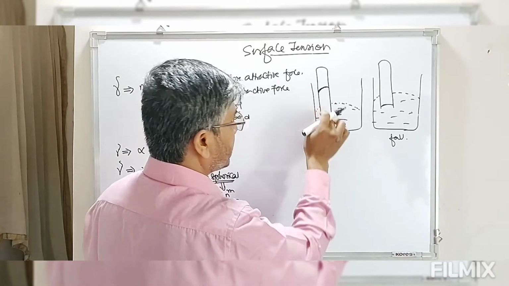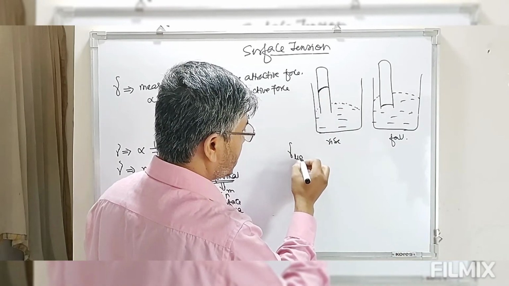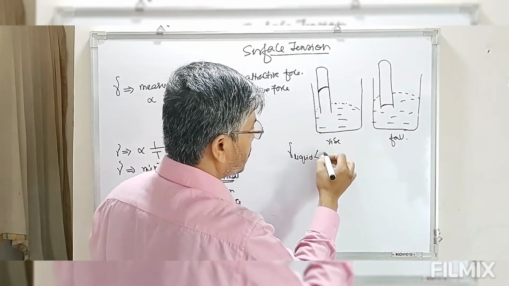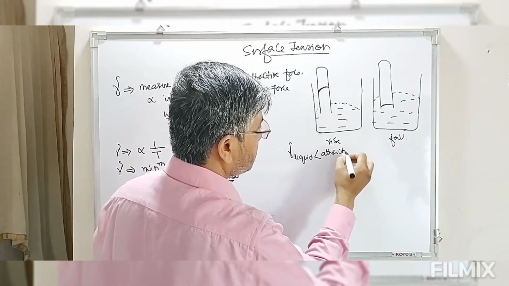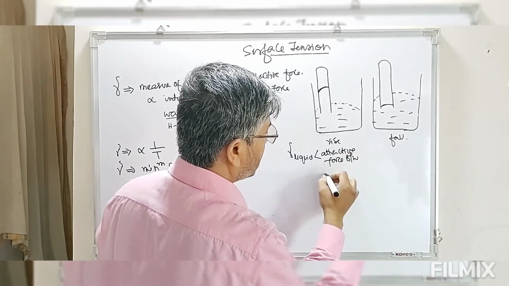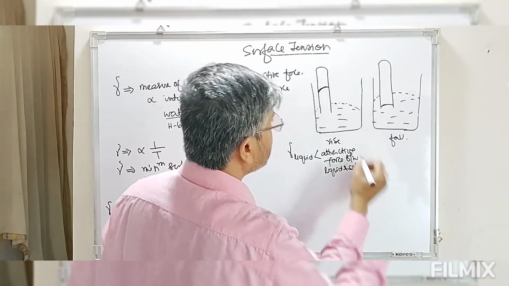So when a liquid rises, the surface tension of the liquid is less than the attractive force between the liquid and the solid glass.